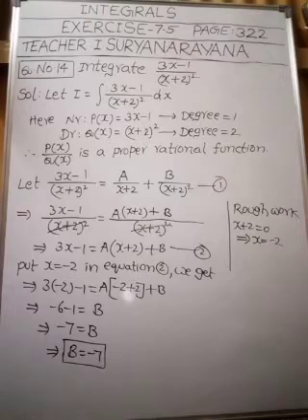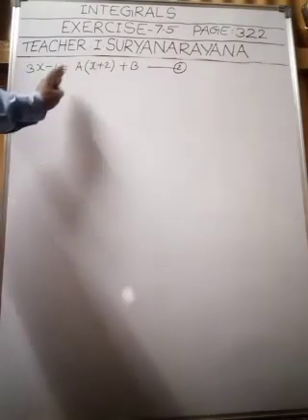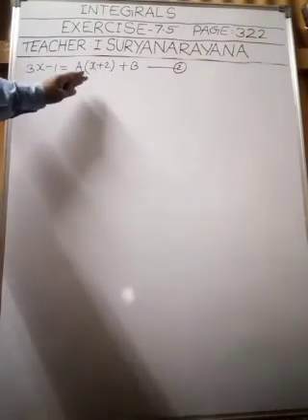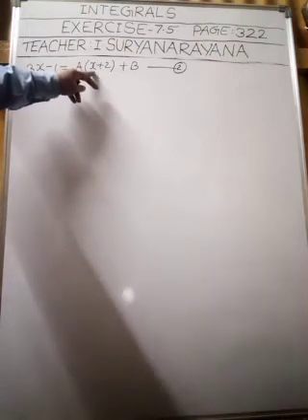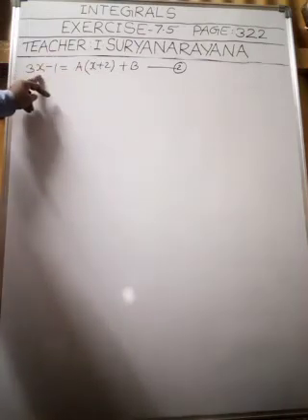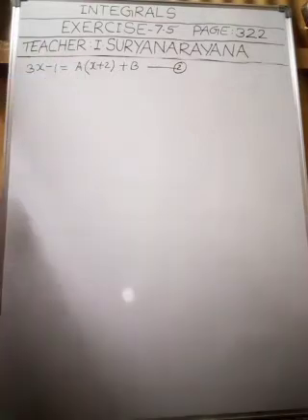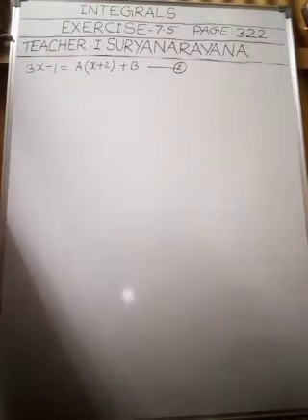Right. In this equation, we compare the coefficients of x. The highest power of x is 1. Here also the highest power of x is 1. So let us compare the coefficients of x on both sides.